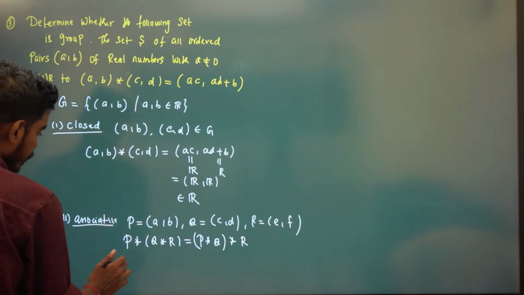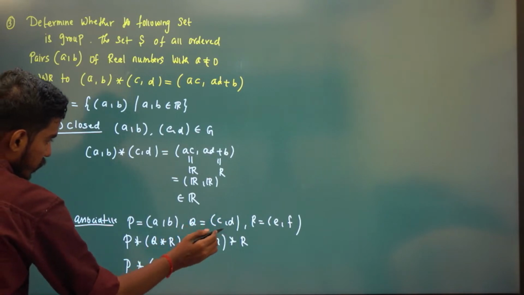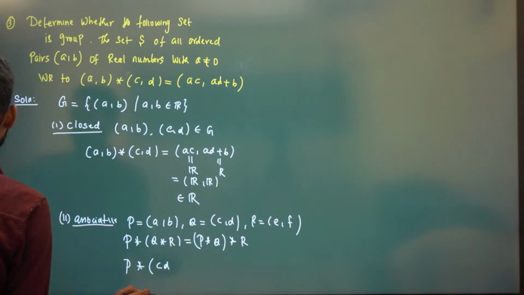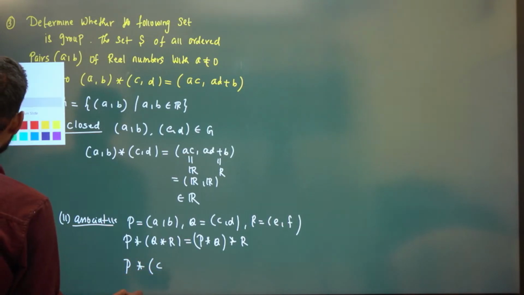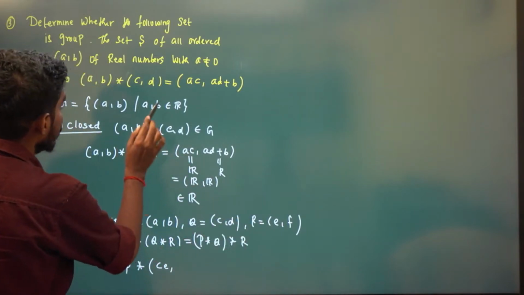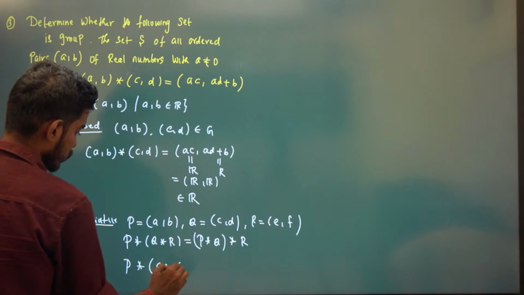You can easily do this, right? So P star, what is Q star R? Q star R is (CE, CF + D), right?